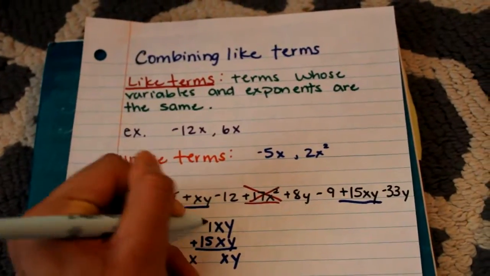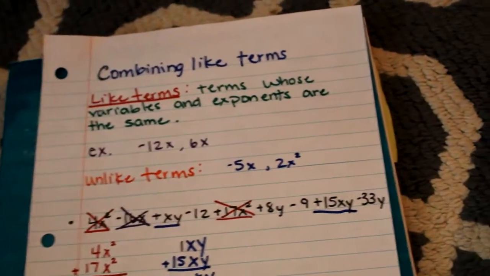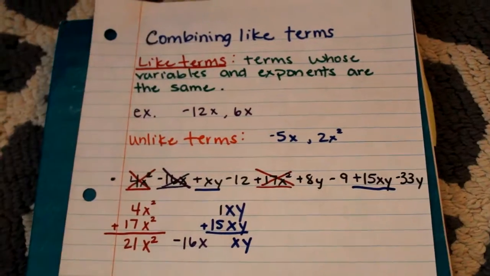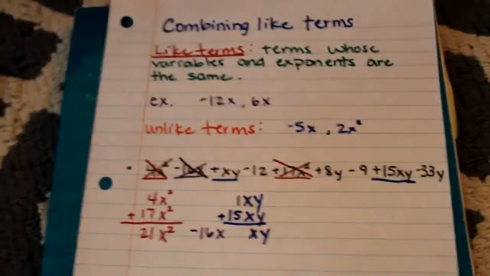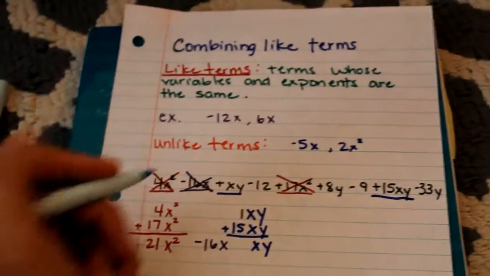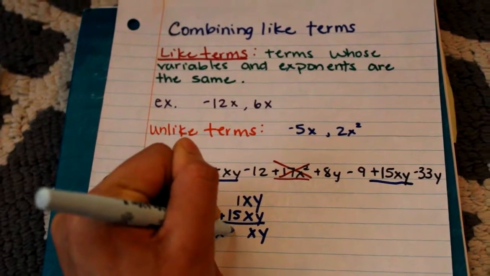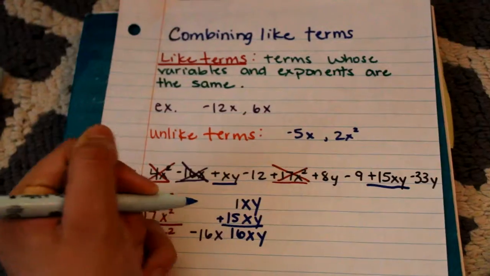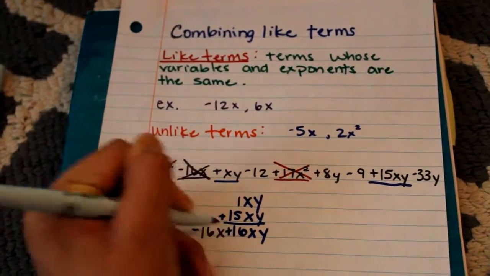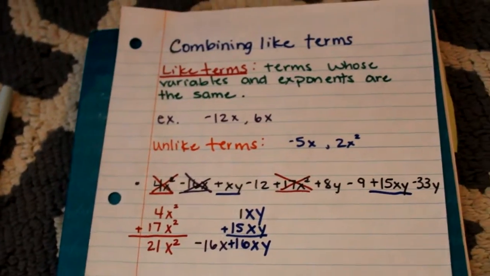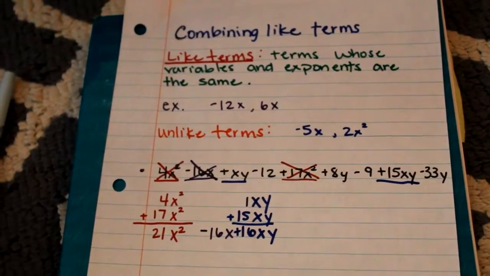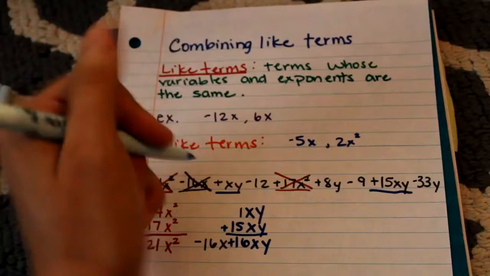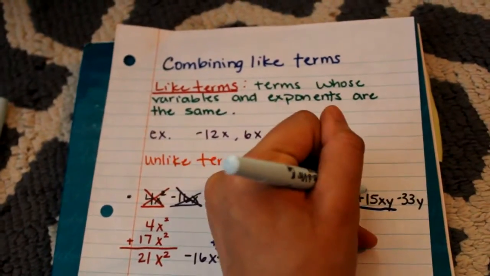So in the xy, we're going to put a 1. Okay, so we need to add 1 plus 15. So that becomes 16. And if it's a positive, that means we're going to put a plus sign in front of it. Okay, so remember, we're going to cross out any terms we've already used up.